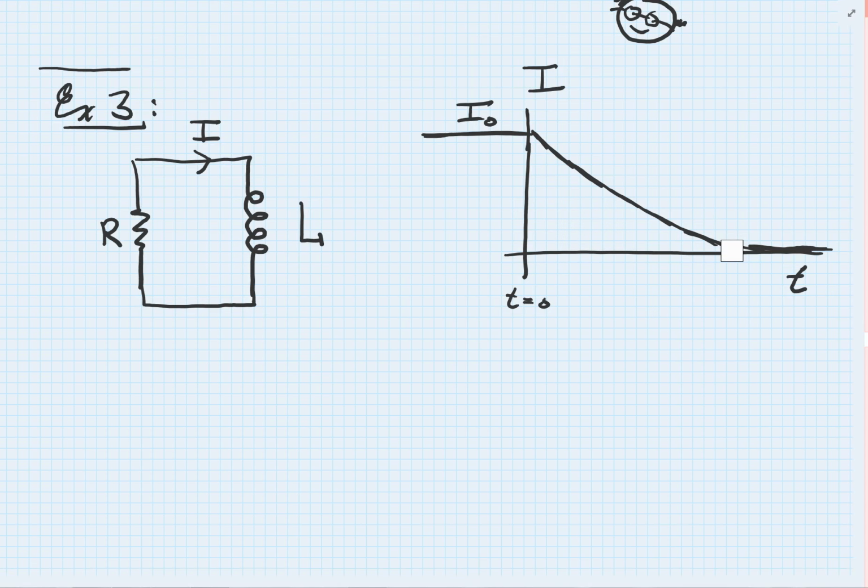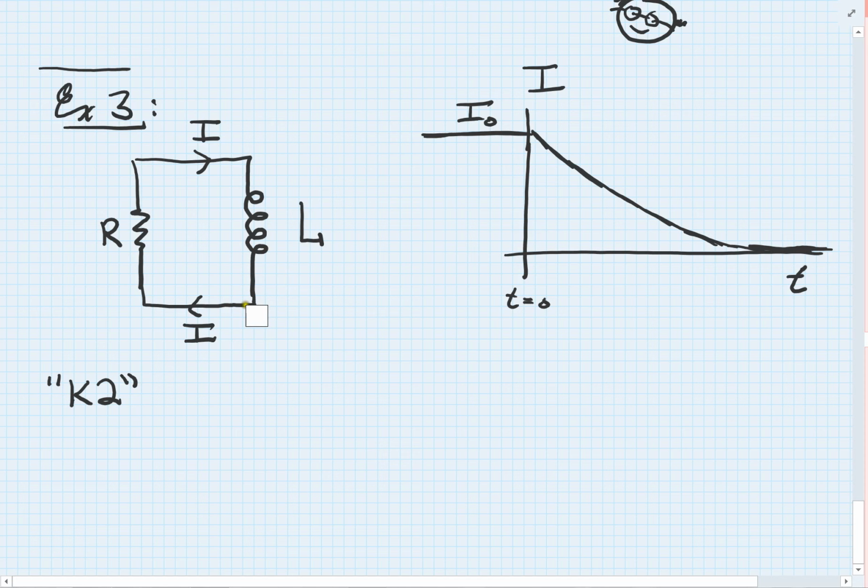Very well. So let's try then to see how we would analyze such a circuit. We can expect right away, since I only have two circuit elements, that I'm going to have the same current I flowing through both elements. So I won't bother with K1. But let's look at our effective Kirchhoff's second law. And in this case, again, we have a presumed direction for the flow of current.